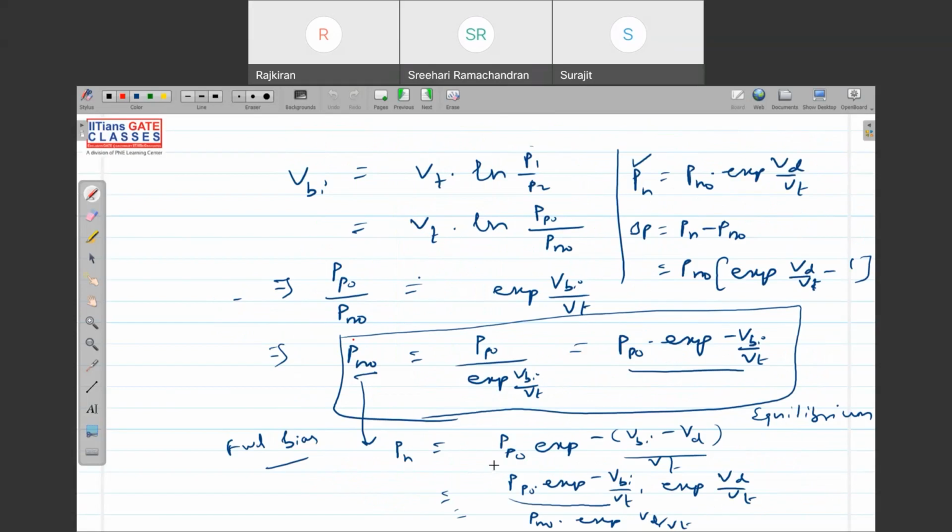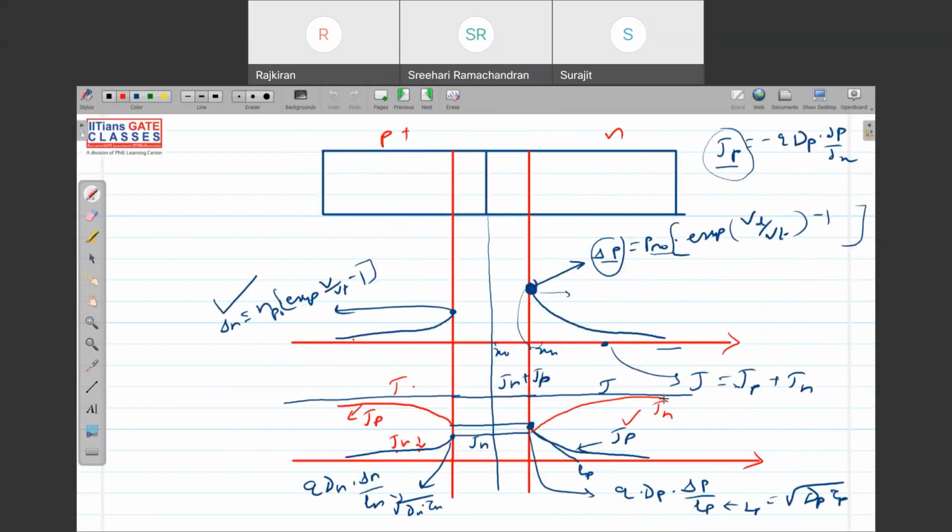So what I am claiming here is that the hole current is because of diffusion in the N region, and similarly the electron current is because of diffusion in the P region.